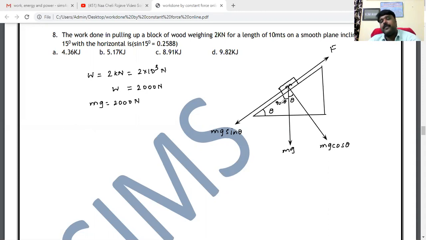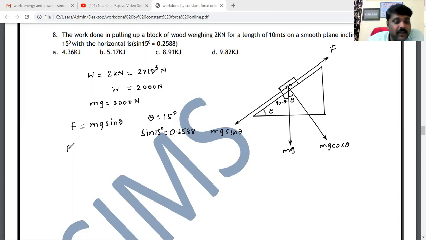According to the free body diagram, the force that is pulling is F equals mg sin theta, and the angle is given, theta equals 15 degrees, and the value of sin 15 is also given as 0.2588.